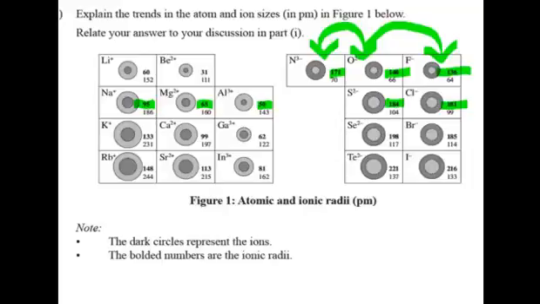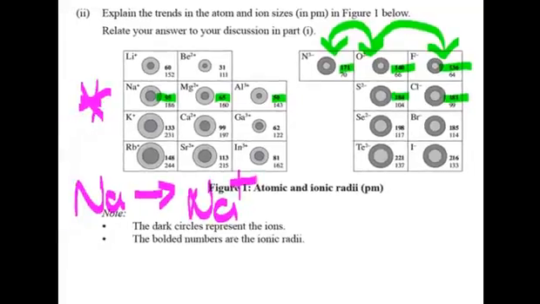Now the most basic thing obviously you need to talk about is how the size of the cation, for instance, changes compared to the size of the atom. So the most significant factor for sodium, going from sodium to sodium plus, is really the loss of an energy level, and that means there's a significant change in the distance, there's less electron shielding, and so that's true for all the cations listed here.